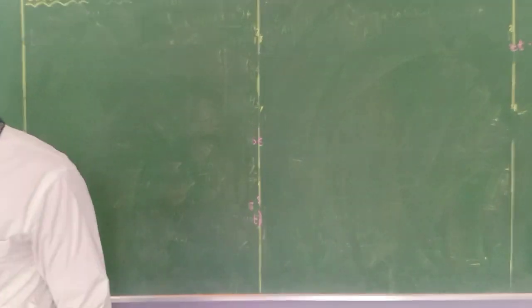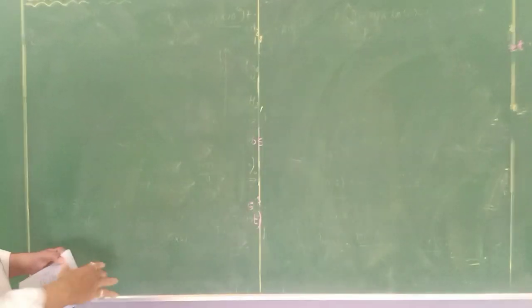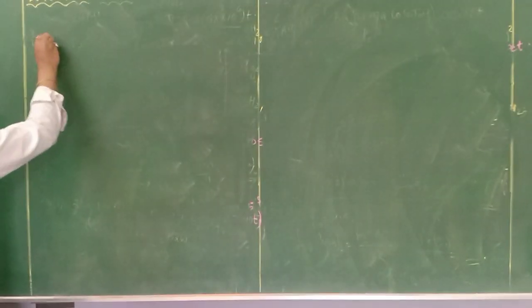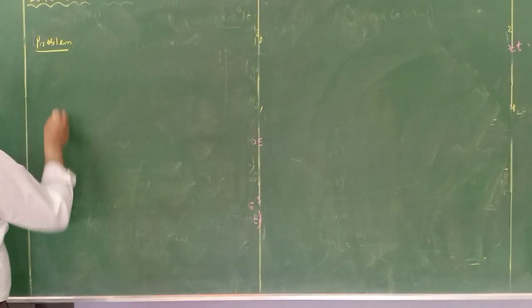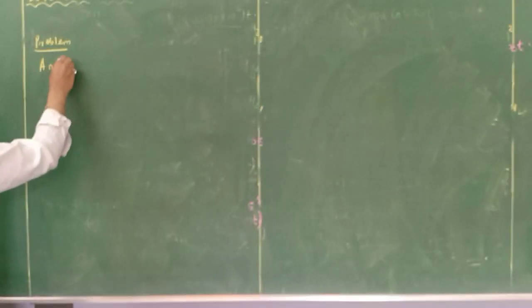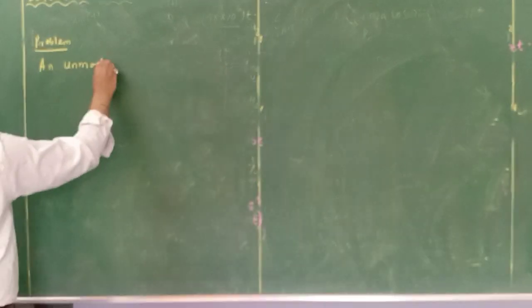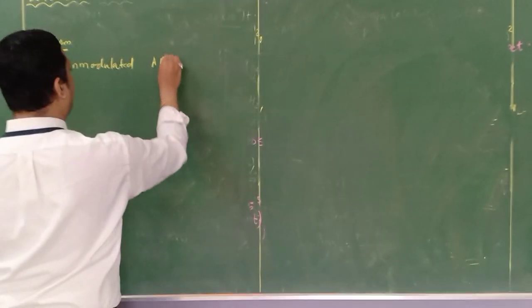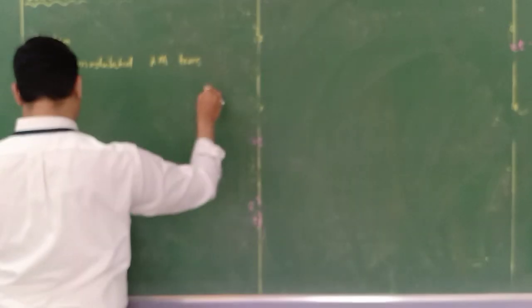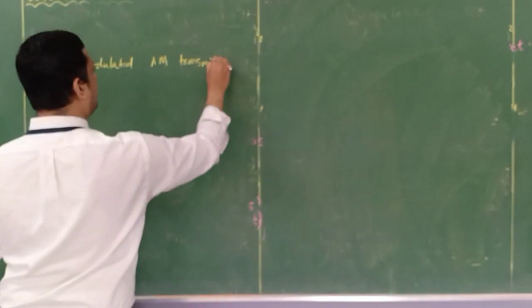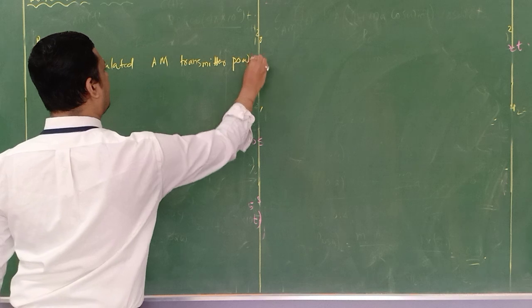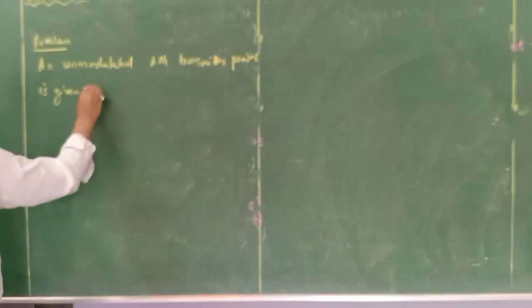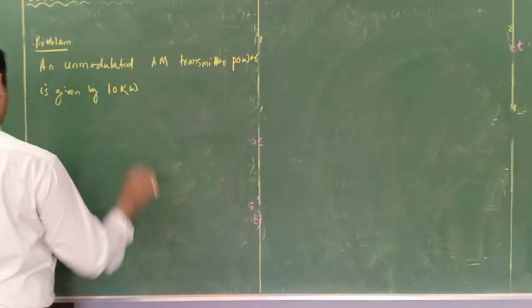Last question. An unmodulated AM transmitter power is given by 10 kilowatt. Okay.